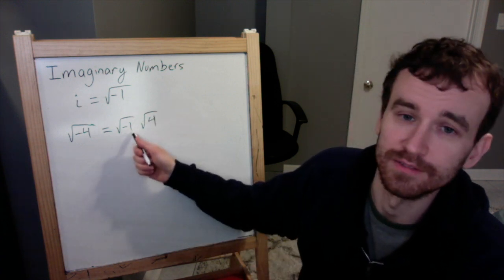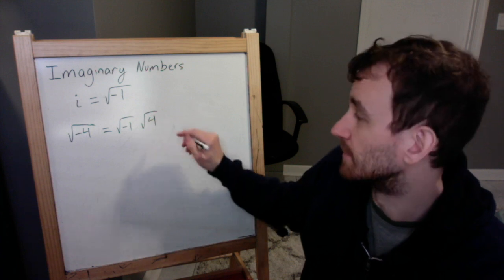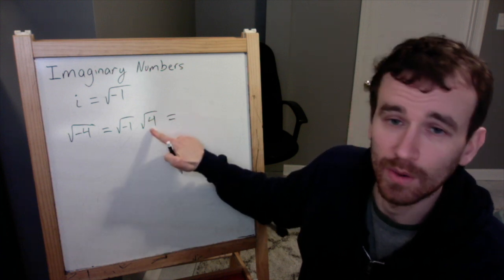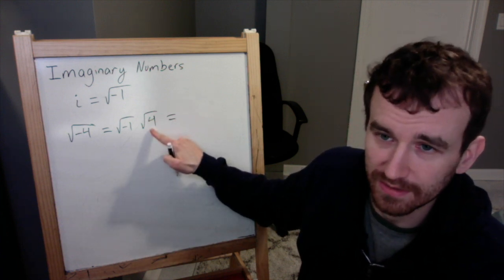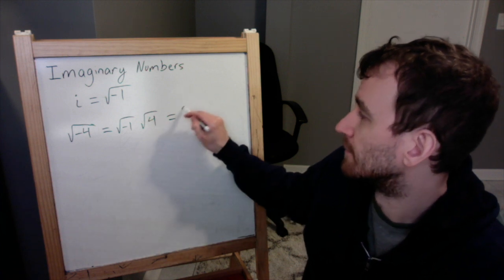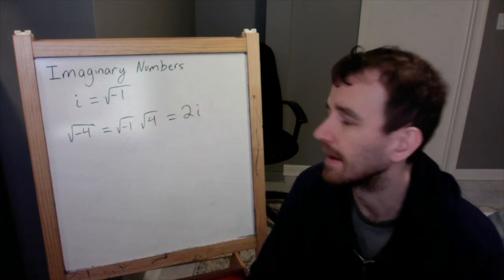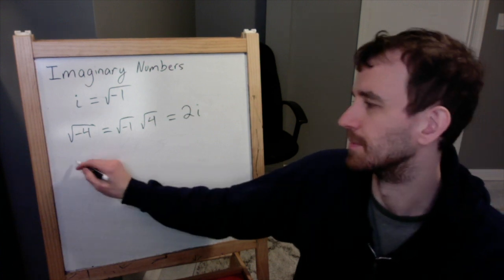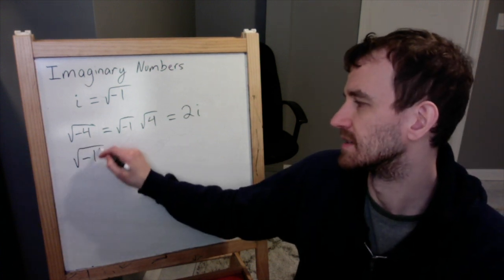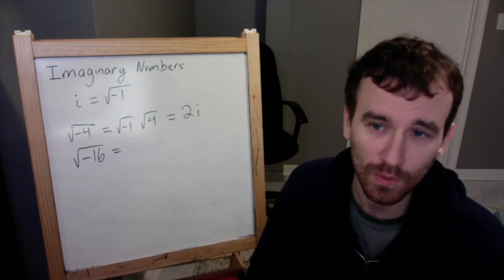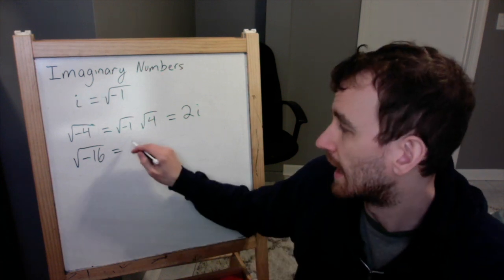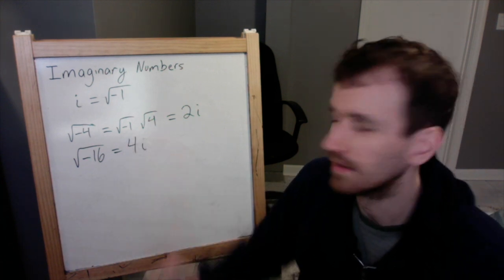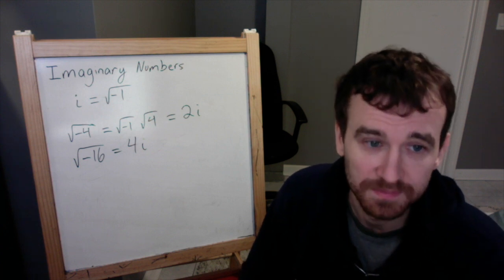The square root of -1 is i, and the square root of 4 is 2, so the square root of -4 is 2i. Likewise, for the square root of -16, the square root of 16 is 4, and the square root of -1 is i, so root -16 would be 4i.